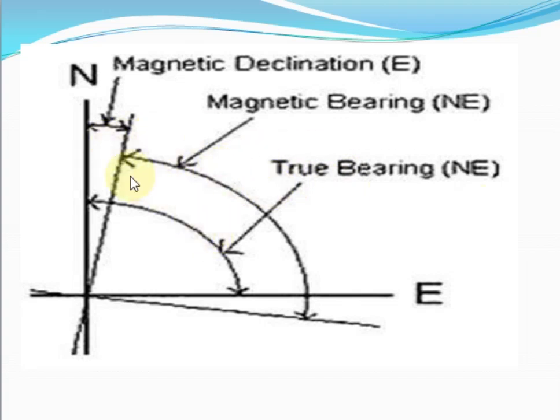Consider the magnetic declination: here the magnetic declination is deflected towards the east direction.